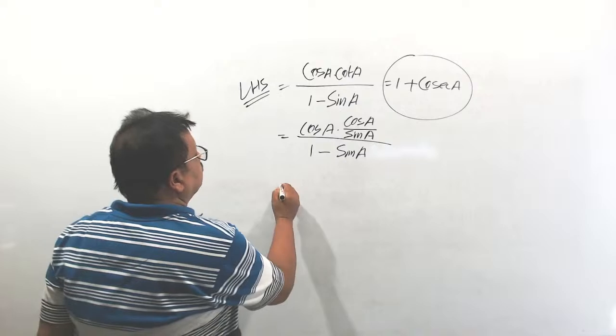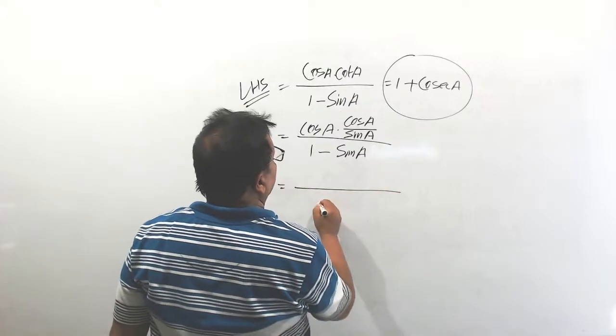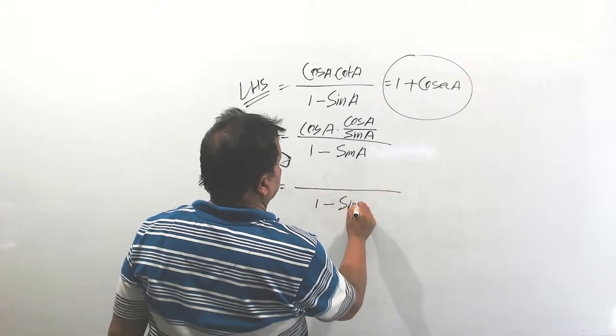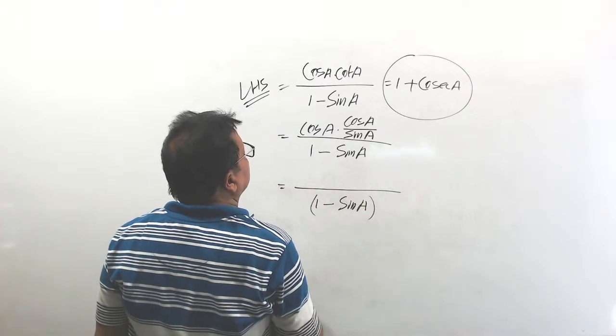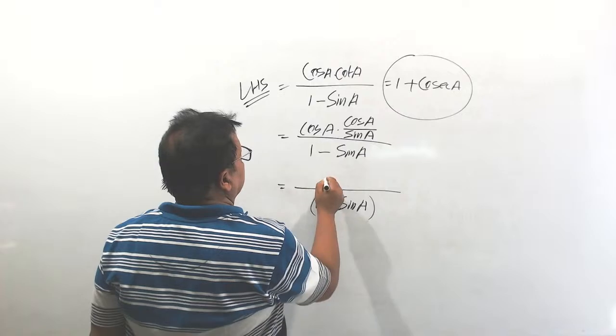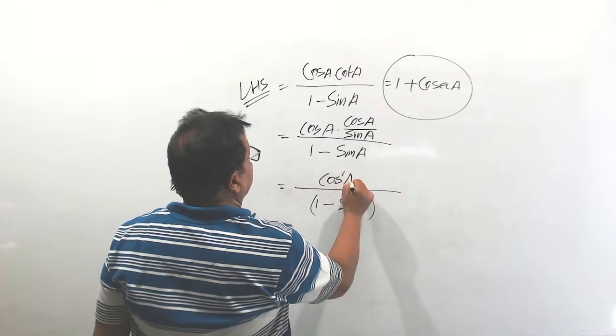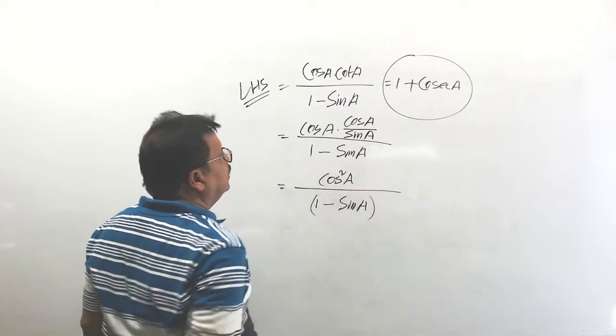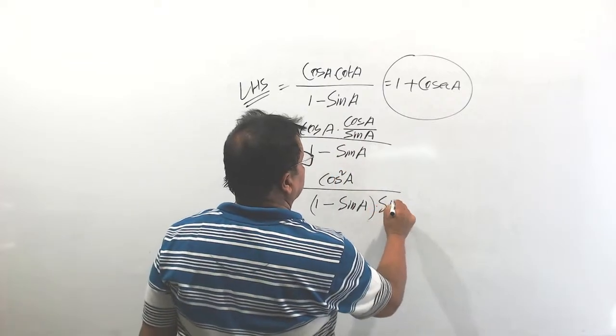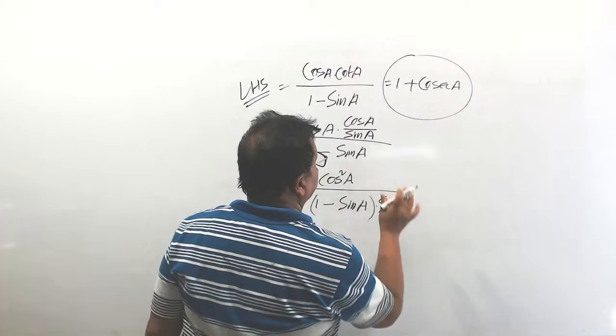Then what will you do? 1 minus sin A. Then cos square A. Understood? Cos A into cos A, cos square A. And sin A comes in. Right?